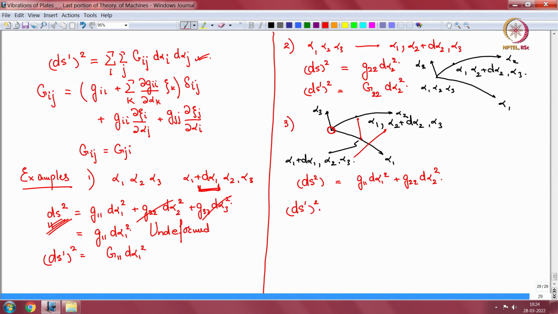So I will move this point by minus d alpha 1, and I will move the other point by minus d alpha 1.